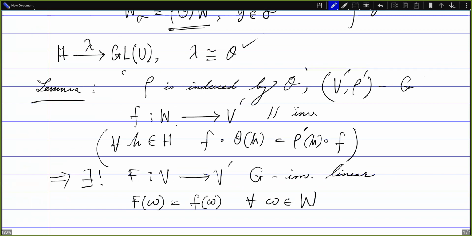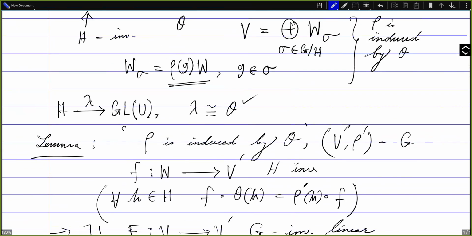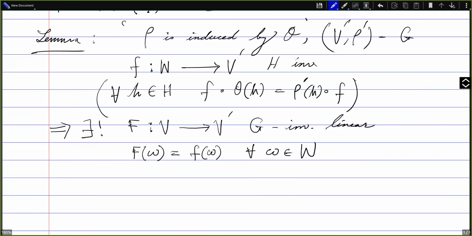So f was an H invariant linear map which extends now to a G invariant linear map to the whole of V. This also shows that such an extension is unique.